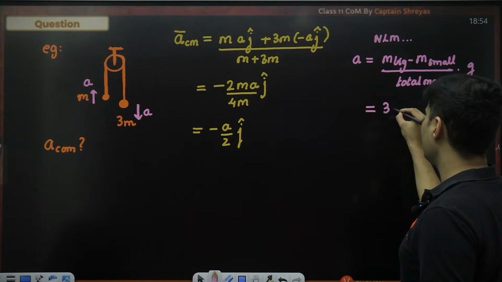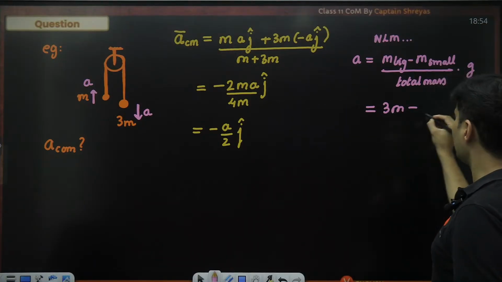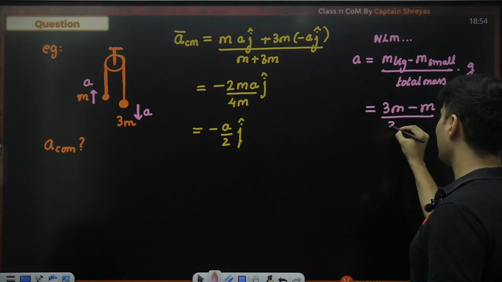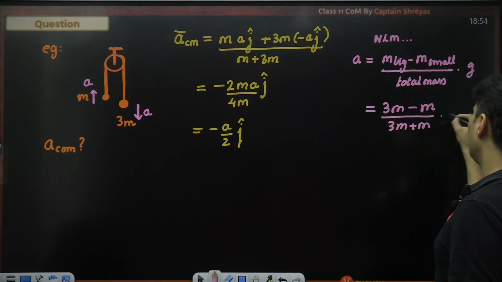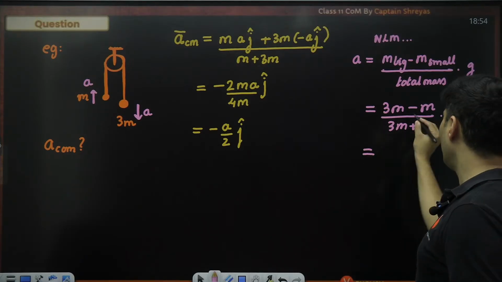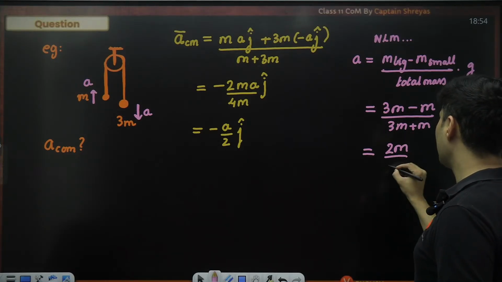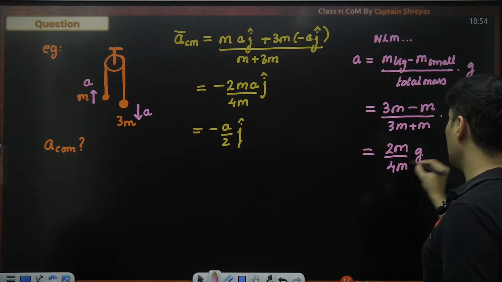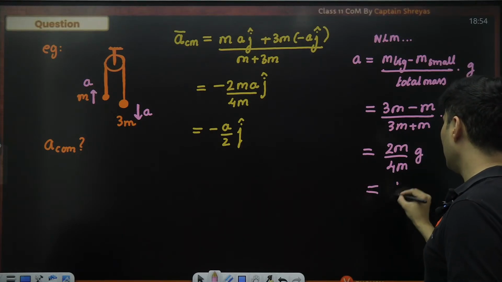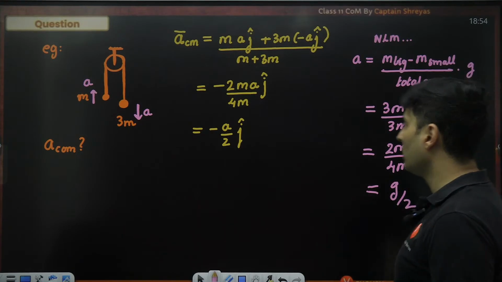The bigger mass is 3m, the smaller mass is m, the total mass is 3m plus m, and g stays as it is. So 3m minus m is 2m, 3m plus m is 4m, the whole thing into g. Therefore, you are just going to get g by 2.